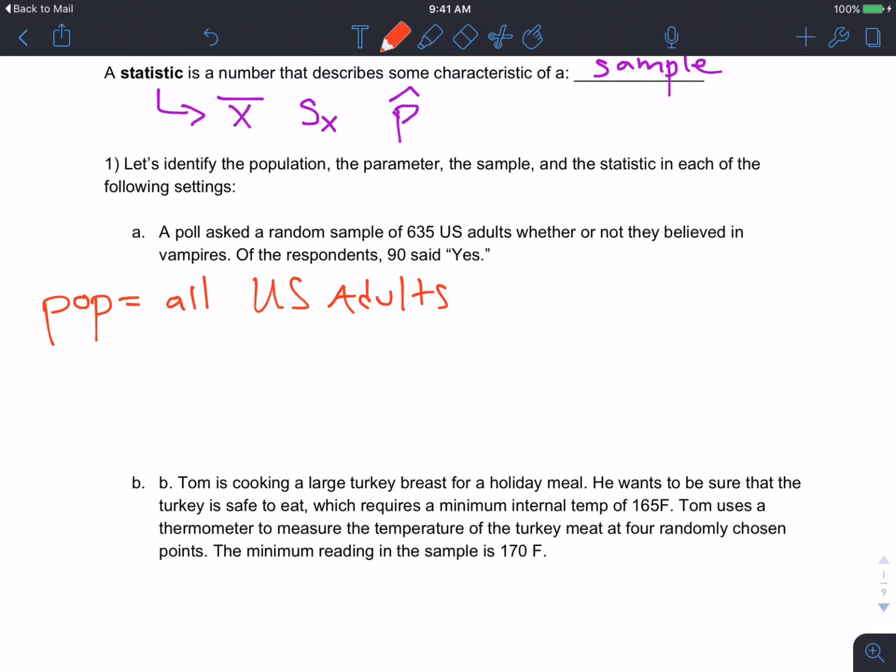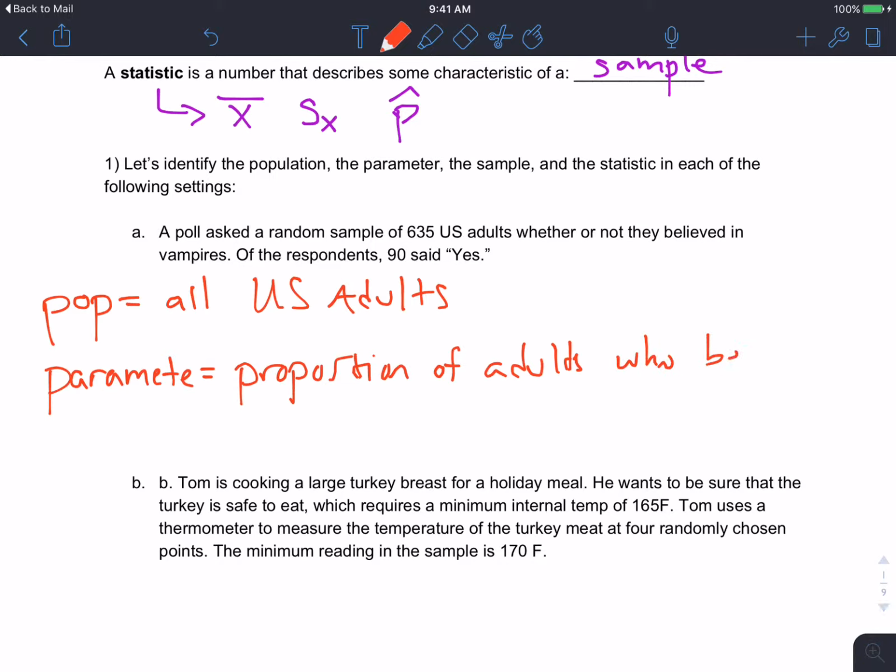And the parameter is the proportion of adults who believe. Our sample would be 635 U.S. adults.